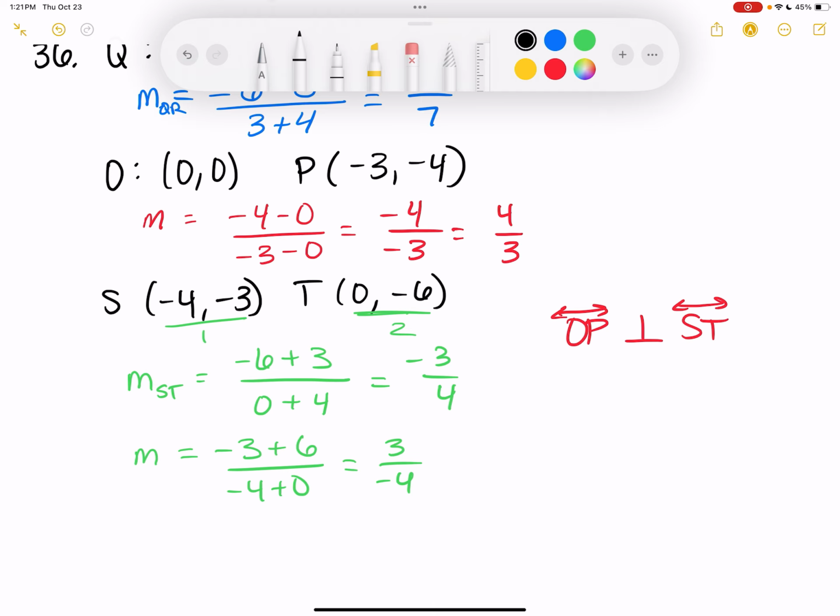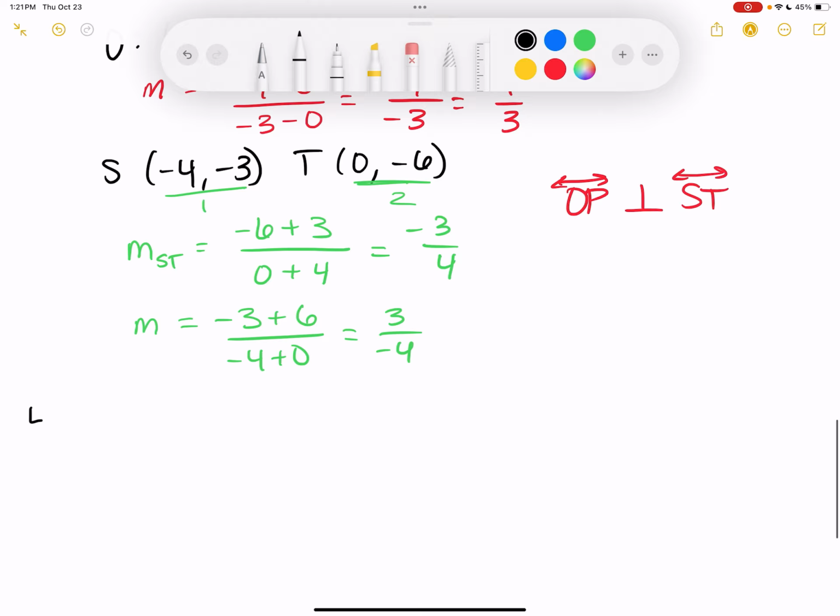All right, number 40. These give us one equation of a line and a point, and they want us to find a line that's perpendicular through that point to the given line.